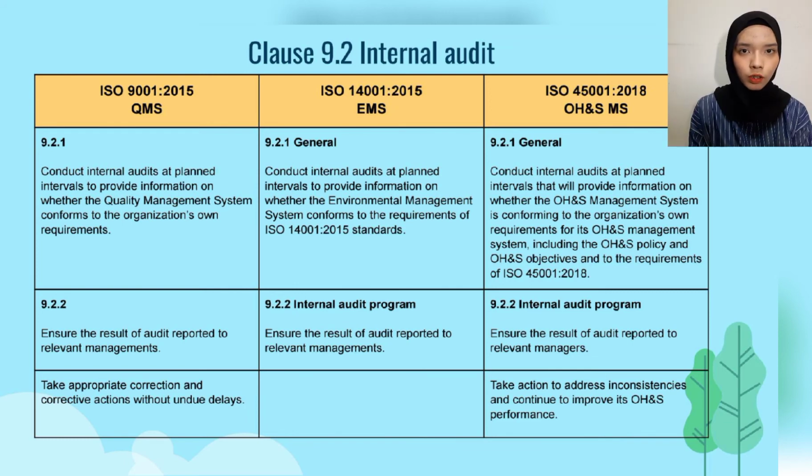And for ISO 45001, in general, conduct the internal audit at planned intervals that will provide information on whether the OH&S management system is conforming to the organization's own requirements for the OH&S management system, including the OH&S policy and OH&S objectives and the requirements of ISO 45001:2018. And for 9.2.2 internal audit program, ensure the results of the audits are reported to relevant management.